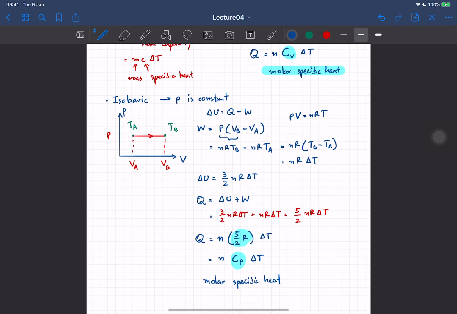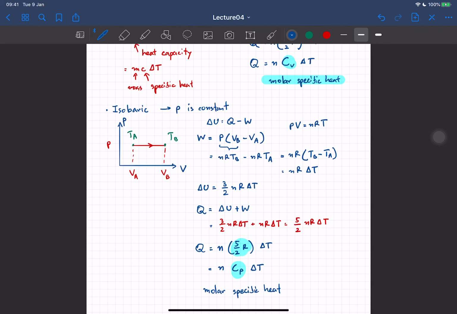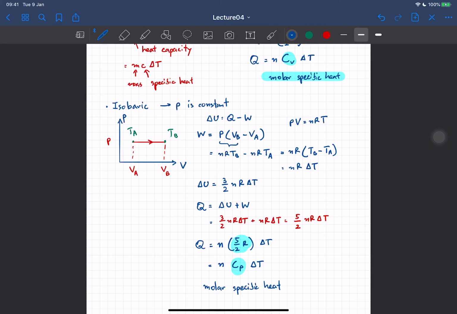Let me talk a little bit about this molar specific heat. Molar specific heat means that, let's say you know how many moles you have, just one mole. If you have 1 mole of gas and you want to increase its temperature, how much heat do you need to put in?